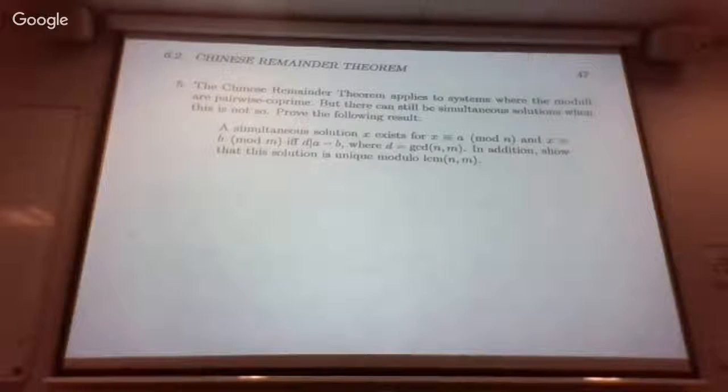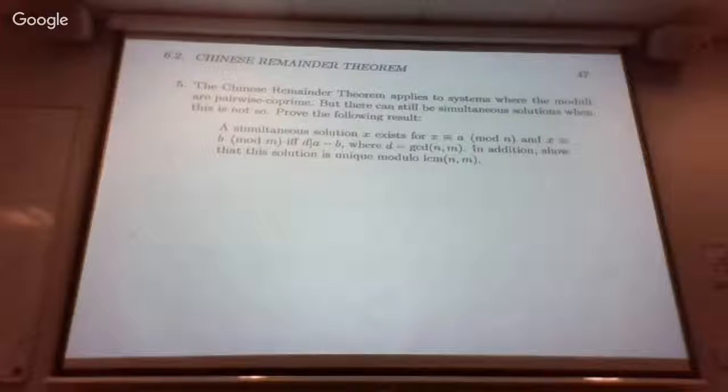So this statement in blue here, the one in the exercise, is a generalization of the CRT. It's a more general statement, which in the special case where n and m are co-prime goes back exactly to the CRT. It's more widely applicable, so you can apply it now to cases where the moduli aren't necessarily co-prime. Okay.